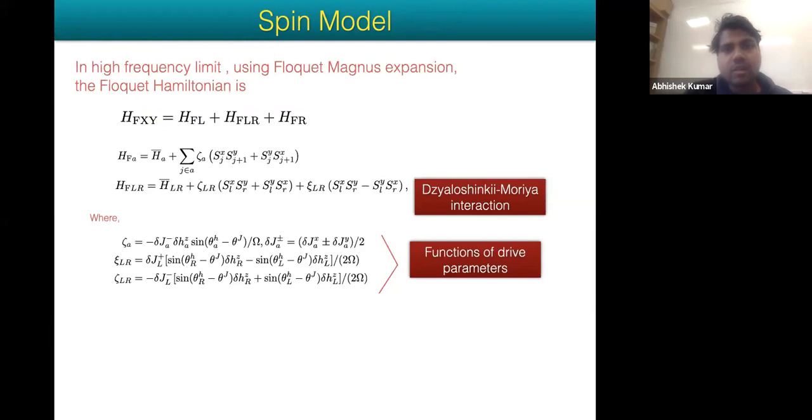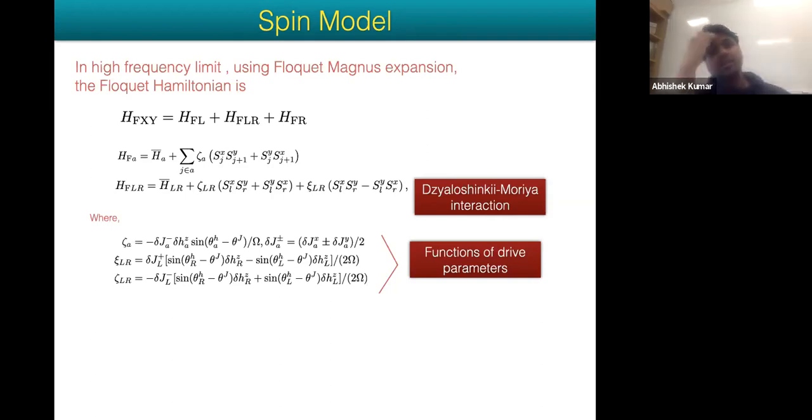In the Floquet Hamiltonian in this case, you can see that there are some additional interactions in the system apart from the static ones, and the parameters involved in these additional interactions only depend on the drive parameters, like this zeta A or xi A. You can see that we also get a Dzyaloshinsky-Moriya kind of interaction.